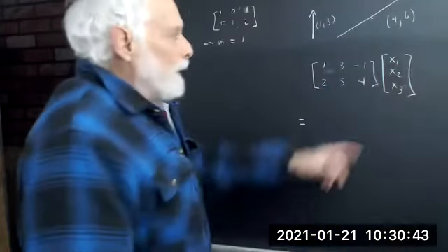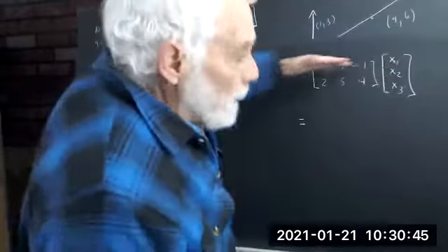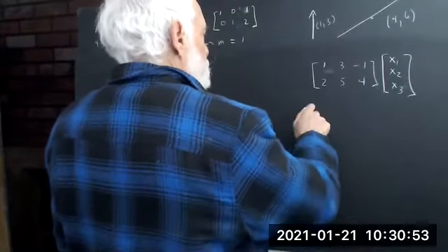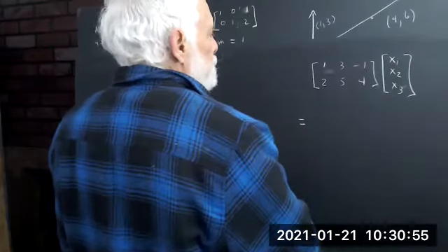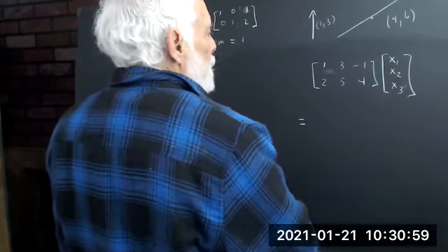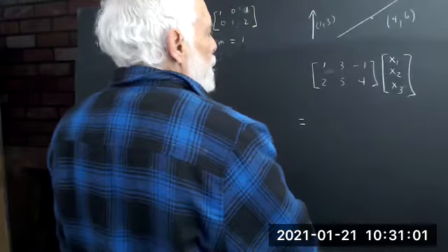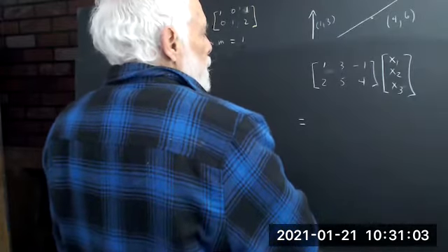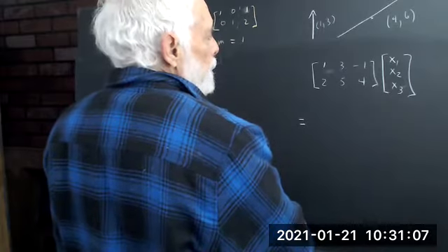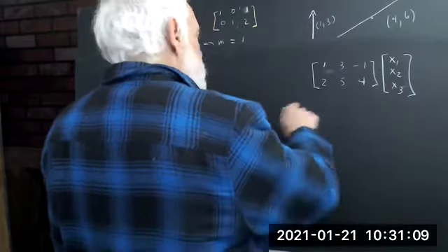I better have a column of length 3 here to match the rows of length 3, okay? Okay, so I guess I'll write it out.